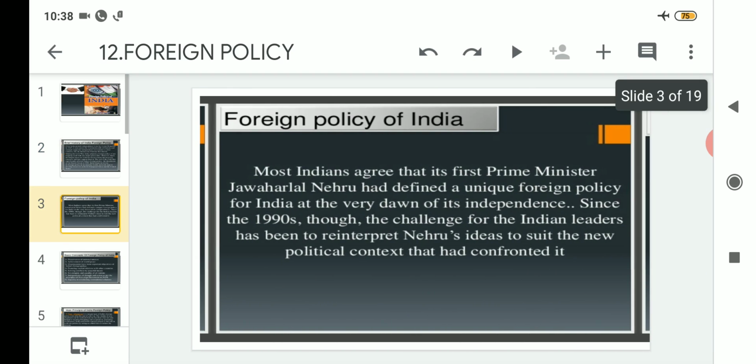And lastly, we read that the main contribution to creating a good foreign policy was from our first Prime Minister Jawaharlal Nehru, and it was carried on, that after 1991, when the USSR disintegrated, new leaders came and they started reviewing and following Jawaharlal Nehru's path in achieving and giving a good foreign policy for India.